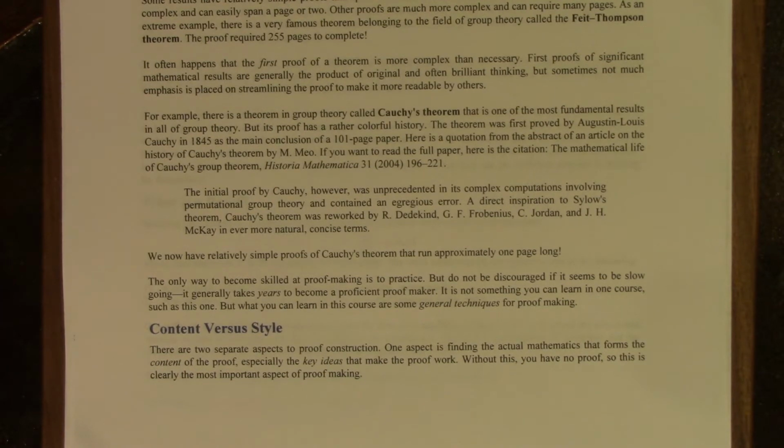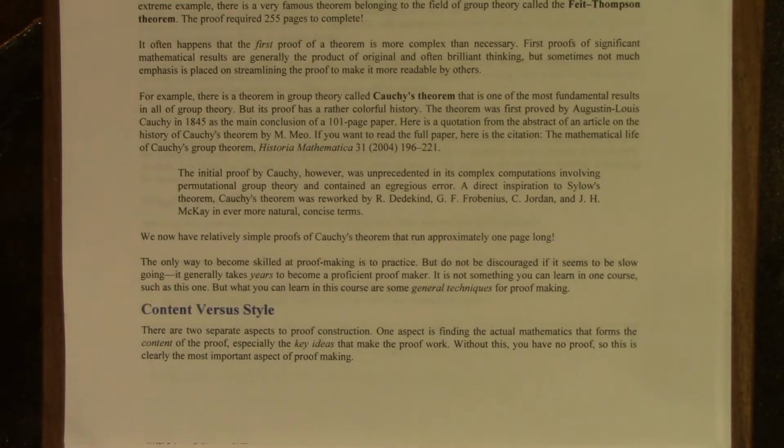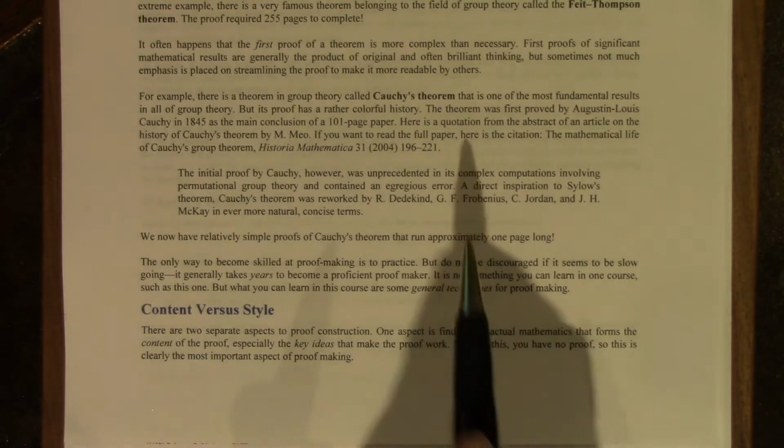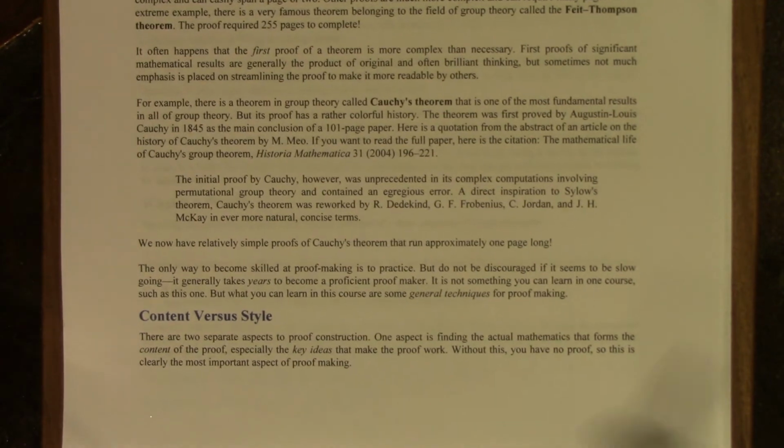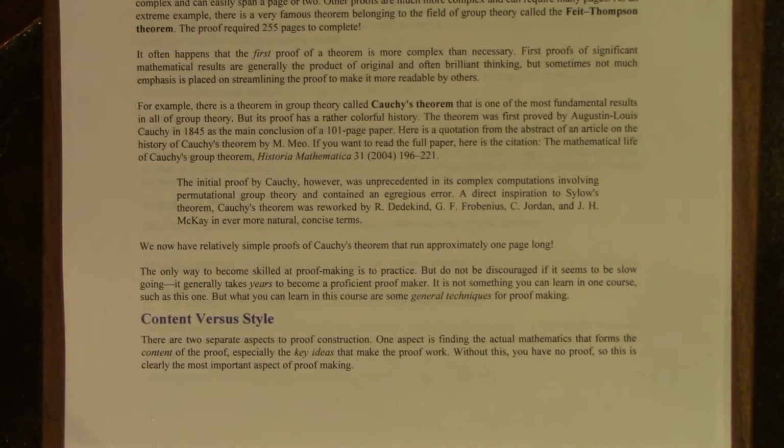An article was written by a man named M. Mayo entitled The Mathematical Life of Cauchy's Group Theorem. And I have a citation here if you want to look at the full article, some 25 pages. But here's a quote from the article. The initial proof by Cauchy, however, was unprecedented in its complex computations involving permutational group theory and contained an egregious error.